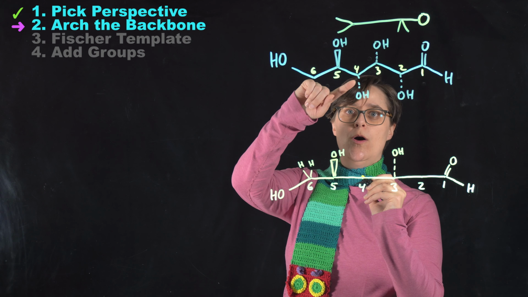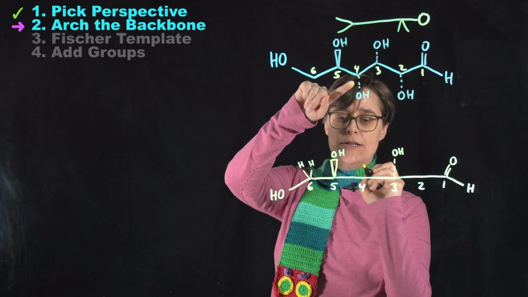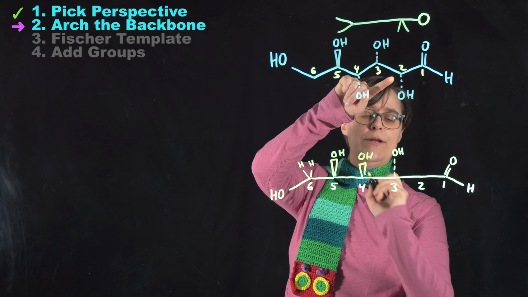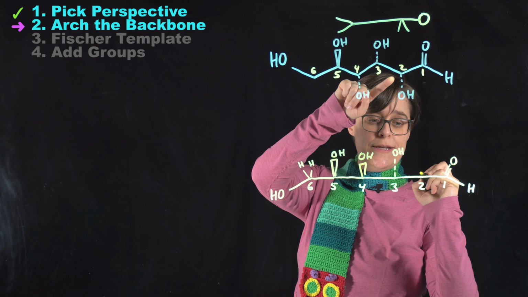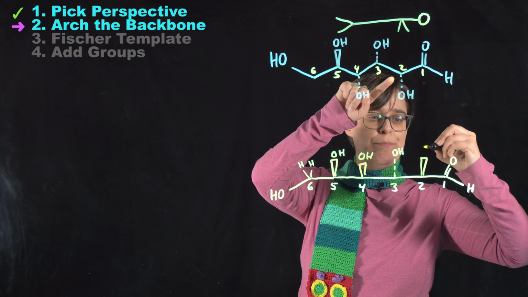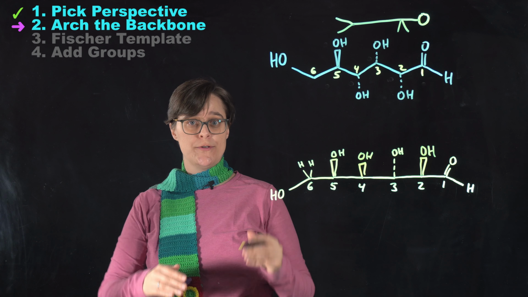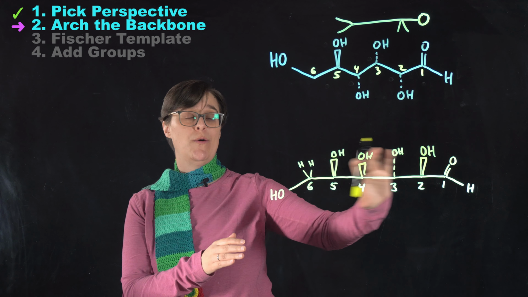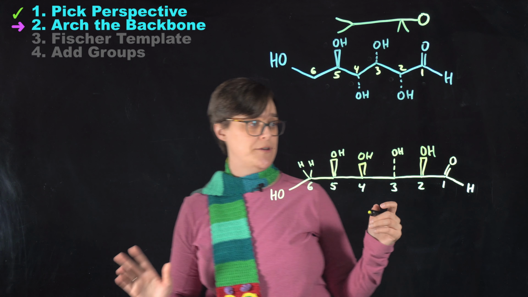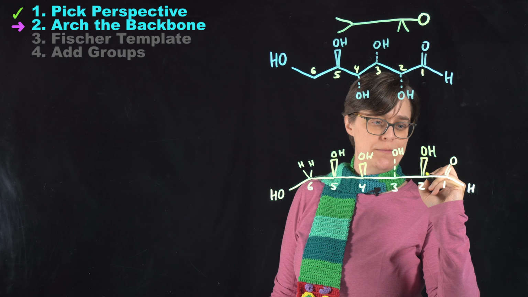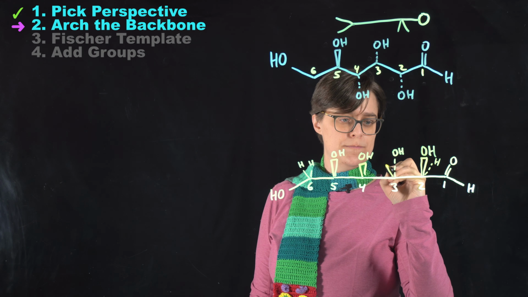Carbon 4, OH group is not on a dash, it is on a wedge. Carbon 2, OH group is not on a dash, it is on a wedge. Now, because this is a skeletal structure, you might find it easier to go ahead and add all of those implicit hydrogens. Each of these need one wedge and one dash. The ones that are missing are hydrogens.